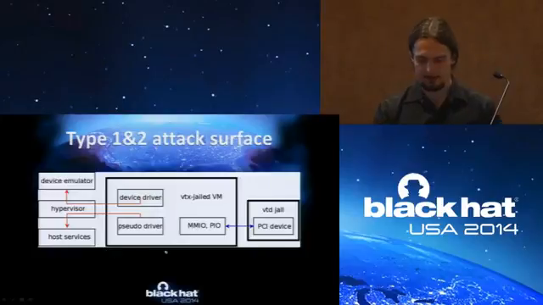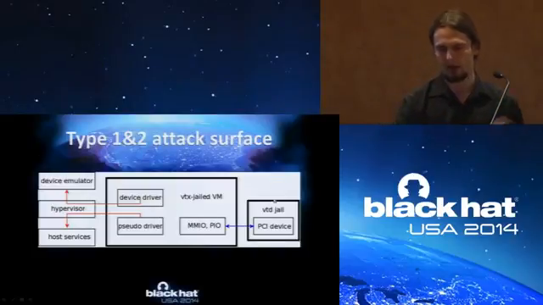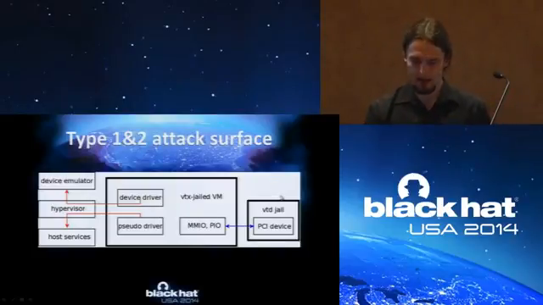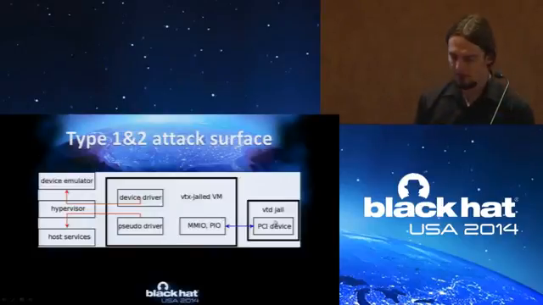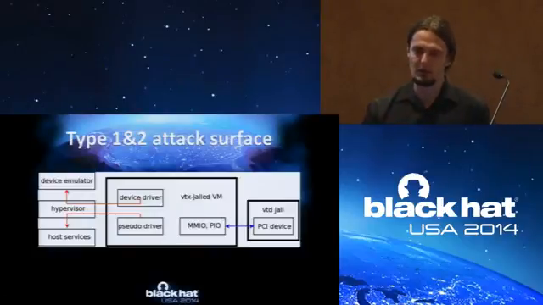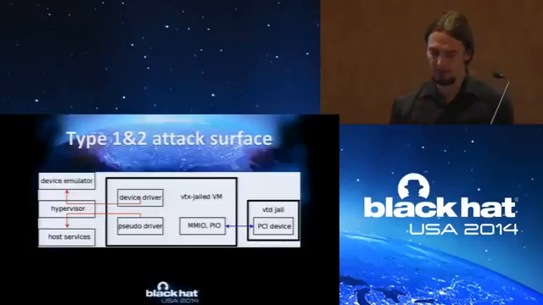And finally, in some scenarios, it is advantageous to give the VM direct control over hardware, like a PCI device. Then you have to be very careful when you do that, because if malicious code is able to program a PCI device, it can do stuff. For instance, it can instruct the PCI device to do DMA access to the memory.